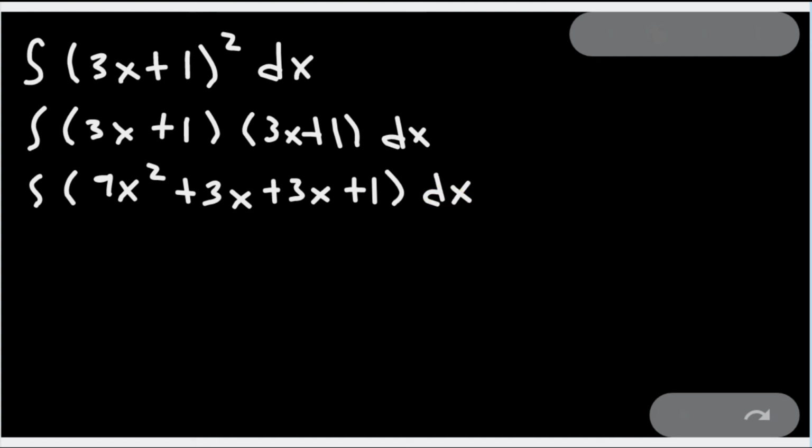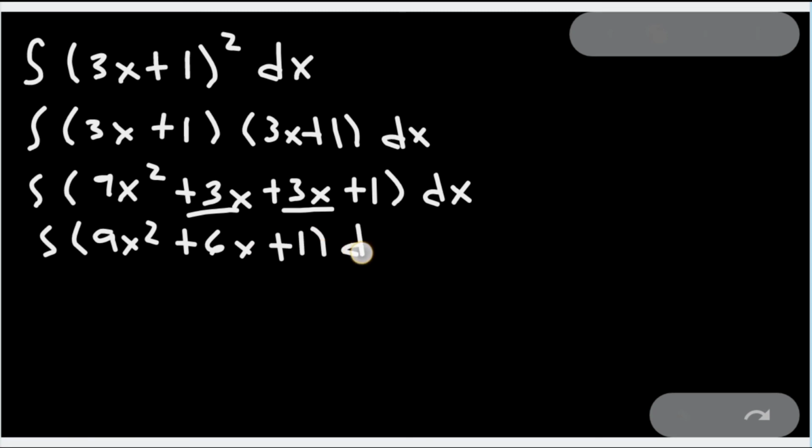The next thing that we need to do is to combine like terms. So we have 9x squared plus 6x plus 1. What you notice after solving this product of a binomial is that we end up with a polynomial so that we can solve it like what we did earlier.